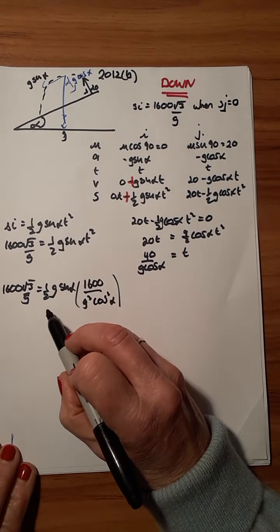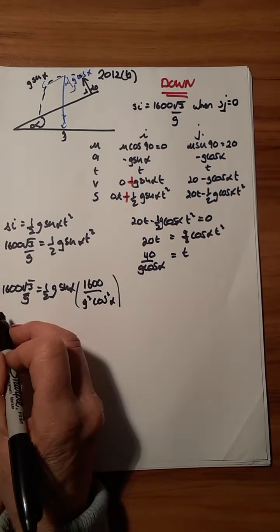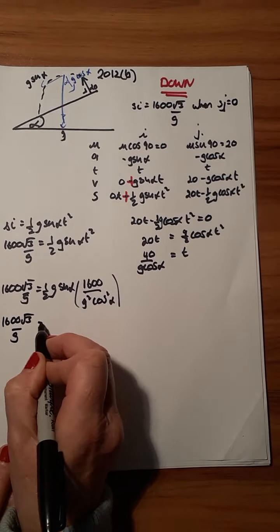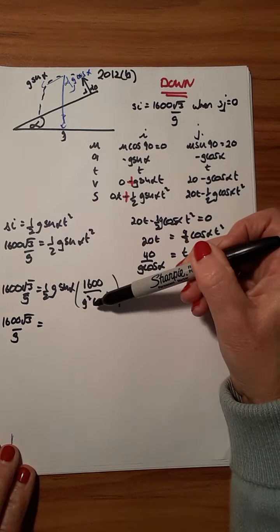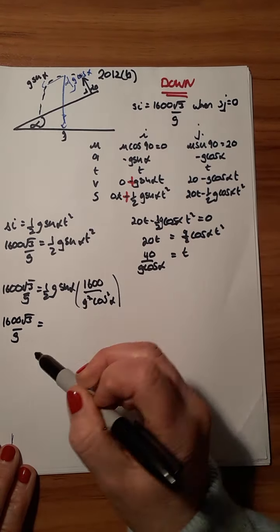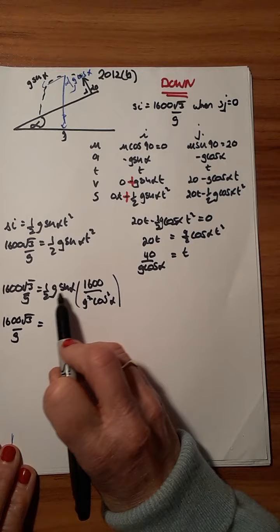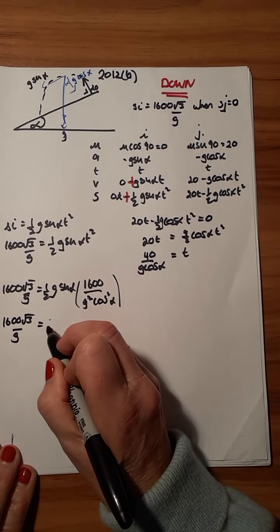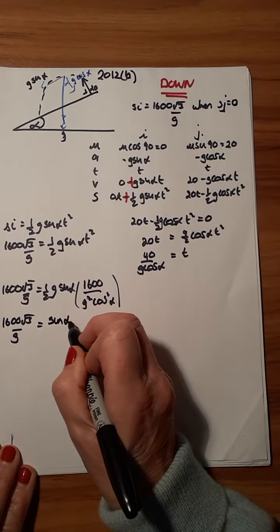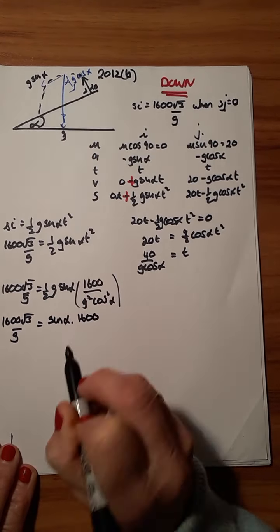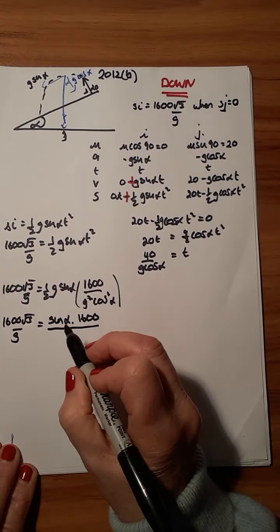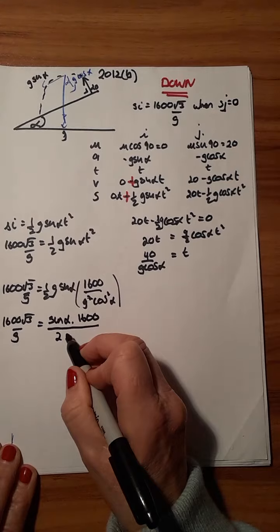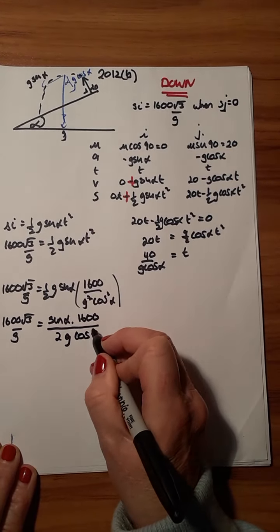so now I'm just going to work through this and try to find alpha. So this will become 1600 root 3 over g is equal to, that g will cancel with that square, so this will just become now, and that 2 will go into that, I'm going to leave that 2 for a minute actually, so that's going to just give me sine alpha by 1600 on the top line over, this will become, I've still got the 2 here, and over g and a cos squared alpha.